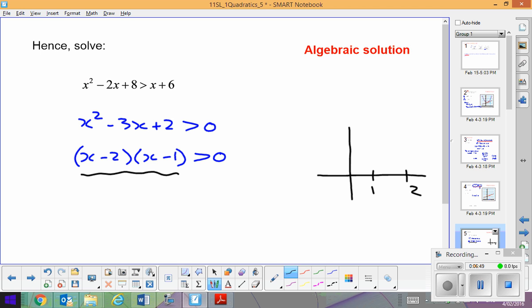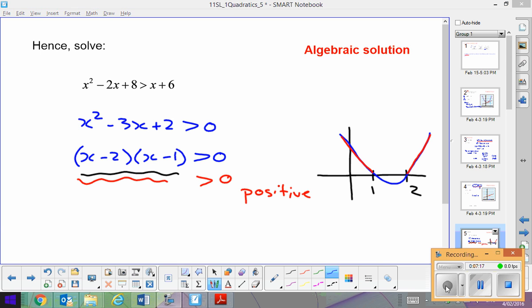Concave up means my curve is going to look like this. And then think, whereabouts is this function greater than 0? Whereabouts is it positive? Where is that function above the x-axis? In those regions there. So then I can do my answer. So here I've got my answer, x is less than 1 and x is greater than 2.